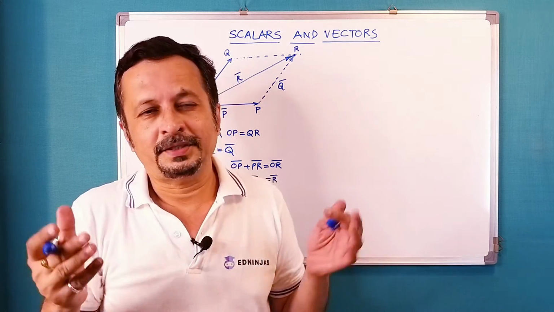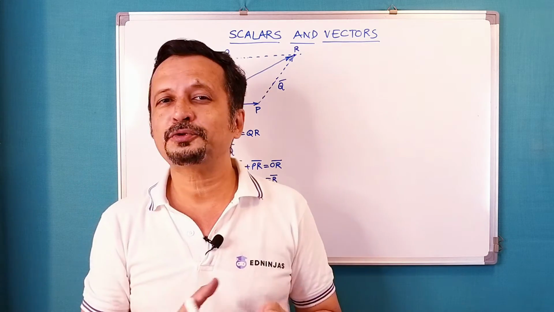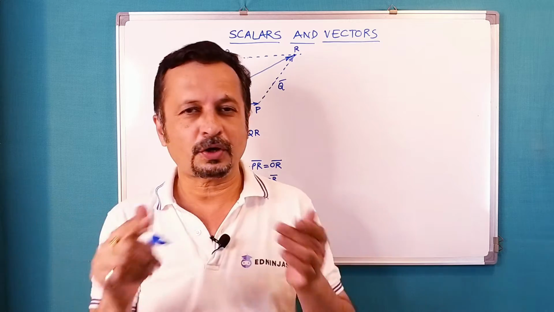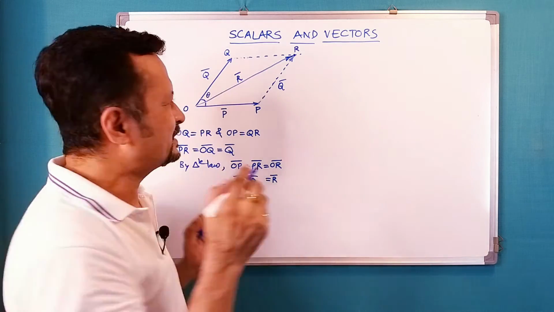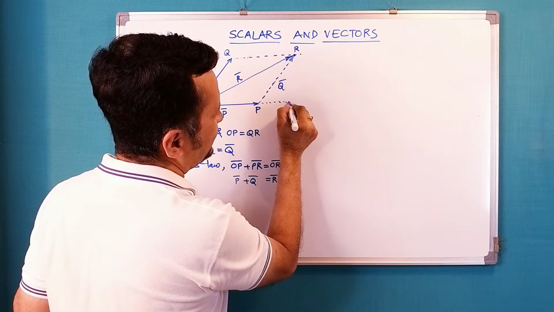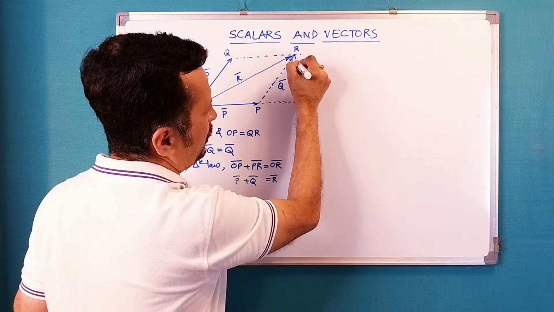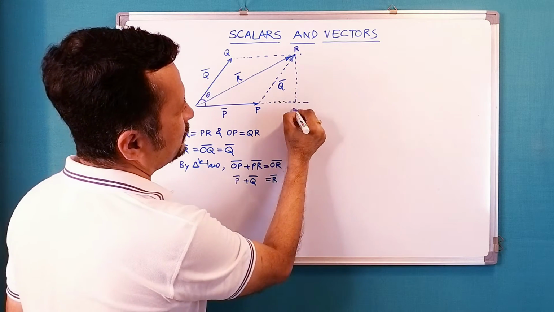Yes, I got the vector, but I need to know the magnitude, I need to know the direction, isn't it? So how do you do that? Again, a little bit of construction. It is very easy and you will understand within no time. So I extend this here and I draw a perpendicular here. Now what should this point be called?